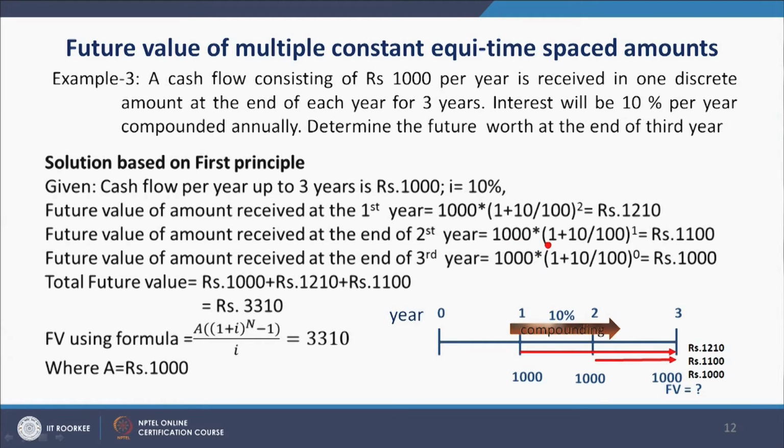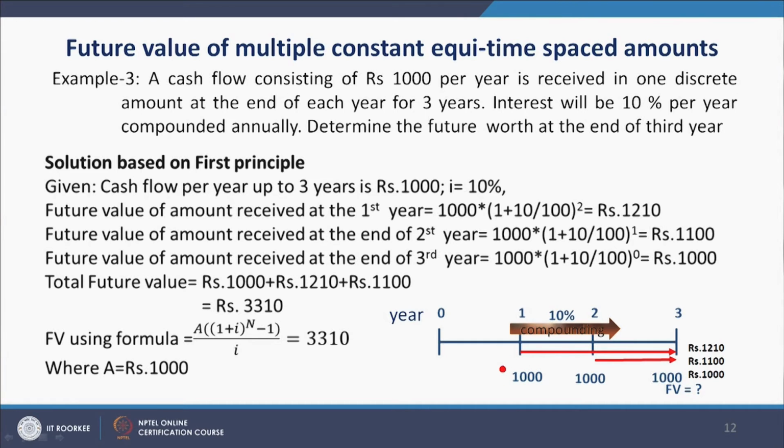So, this is 1000 into (1 plus 10 divided by 100) to the power 1, it is 1100, and what has been invested in the third year remains for 0 years, and hence this is 1000 only. When we add these 3 up, then it becomes rupees 3310. So, what we have done?